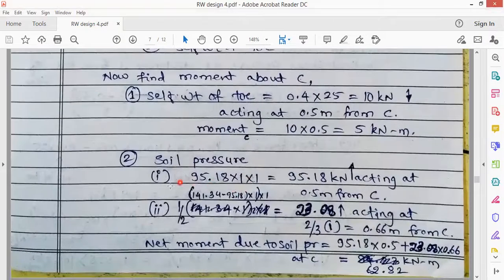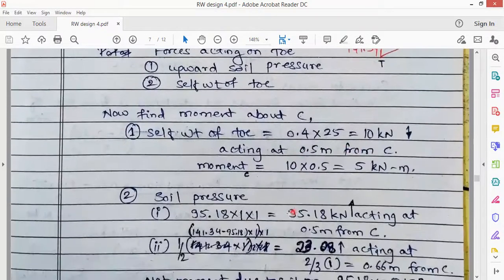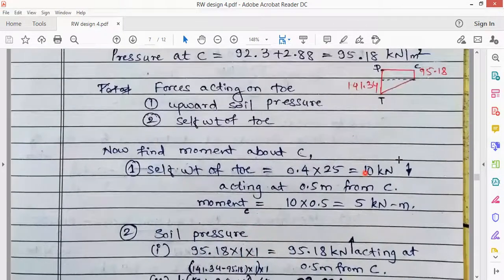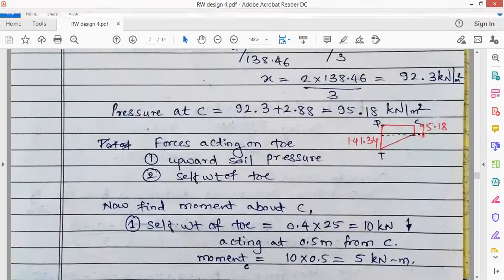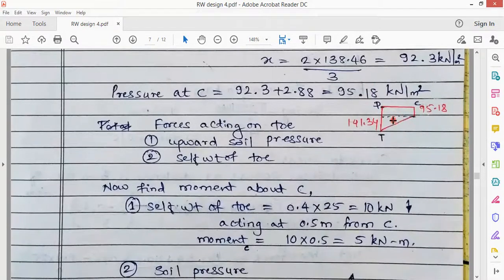Now about the soil pressure. So soil pressure means I will be dividing this into two parts, this rectangular portion and this triangular portion, and I will calculate the total pressure. So 95.18 into 1 into 1. Here this is the width, and this is the length. This is 1 meter, 1 meter span I will consider.